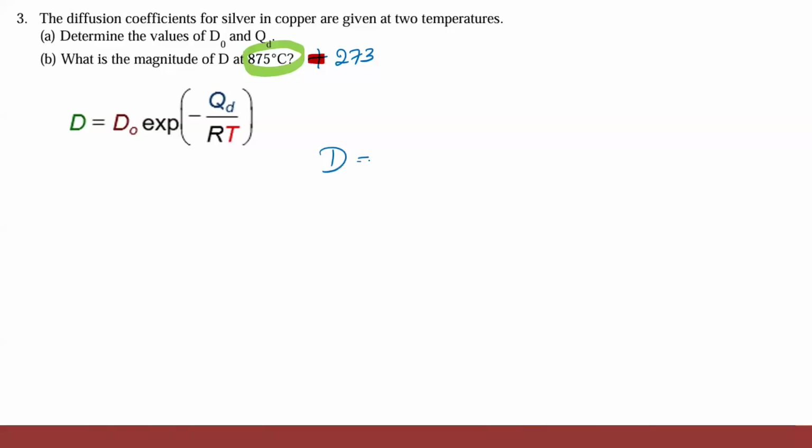So you can find D, which is D naught, 7.5 times 10 to the negative 5, exponent negative 196,783 divided by 8.314 times T. Is this right?